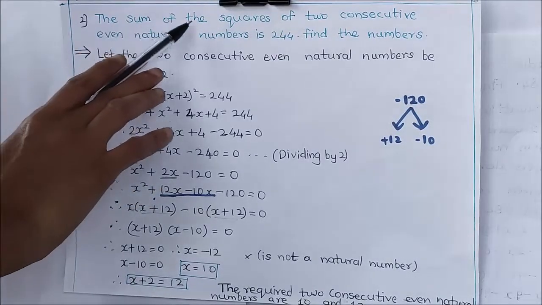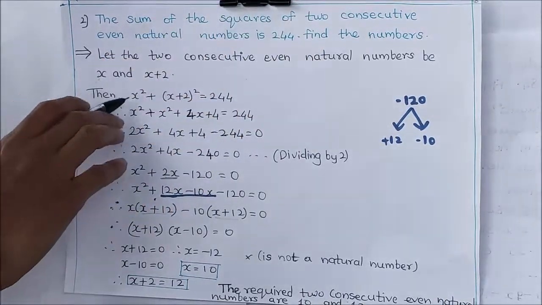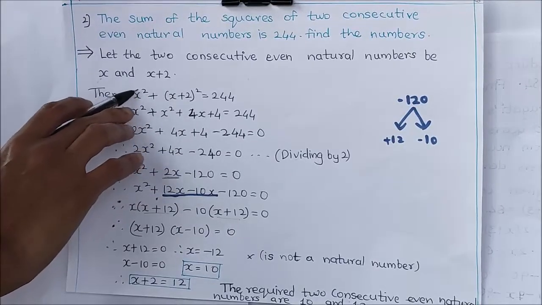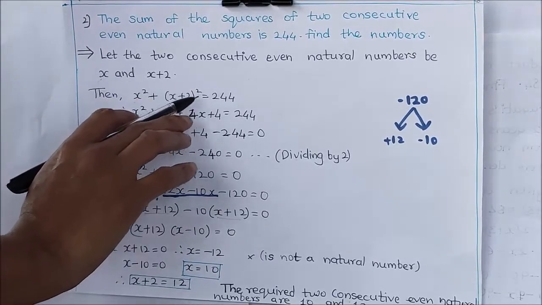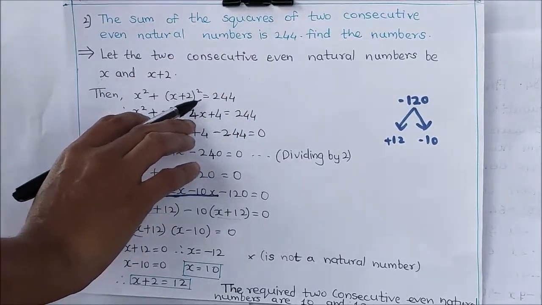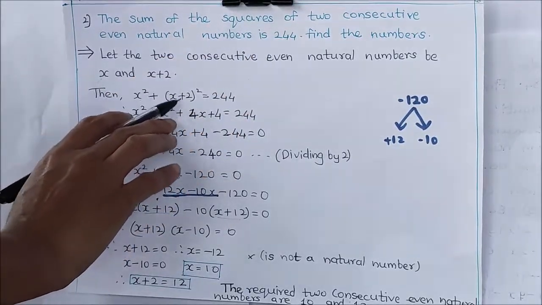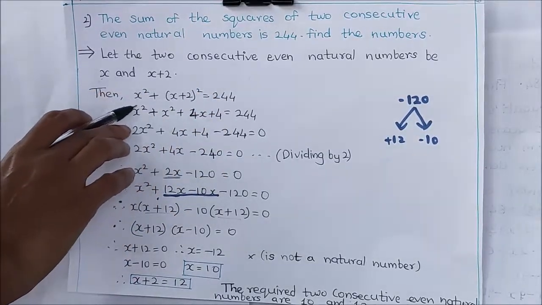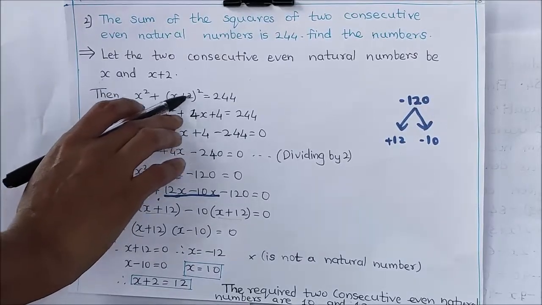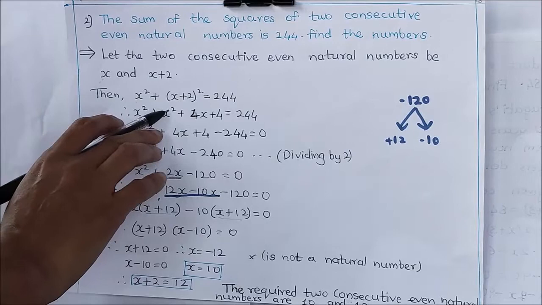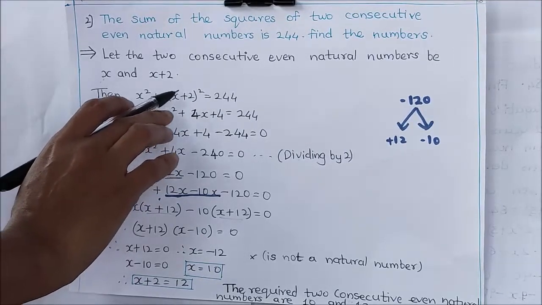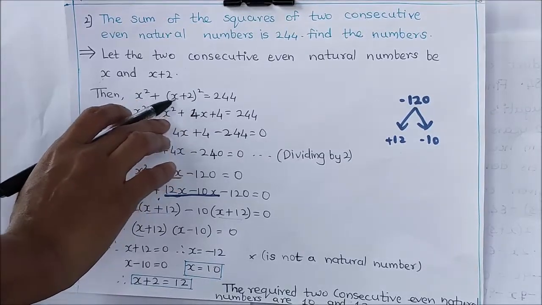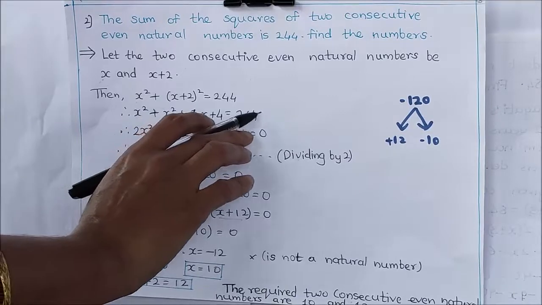In the question it is given the sum of squares of two consecutive numbers. Sum means addition of the two numbers, and squares means x square plus x plus 2 square equals 244. We write x plus 2 square using the a plus b square formula: x square plus twice 2x, that is 4x, plus 4 equals 244.